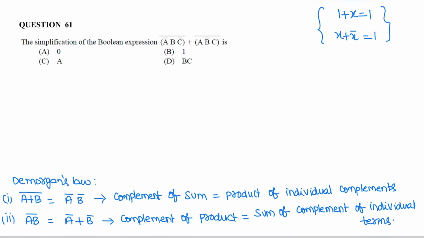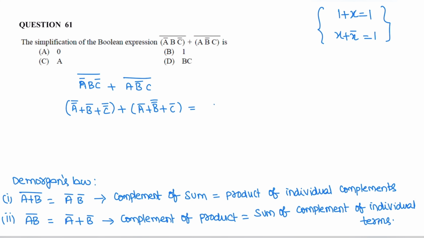Boolean algebra. Given expression is (a' b c')' + (a b' c)'. So apply De Morgan's law. That is (a')' + b' + (c')' + a' + (b')' + c'.